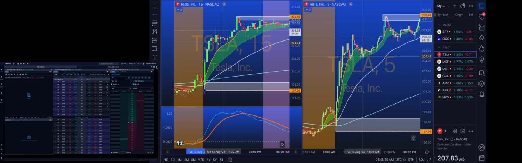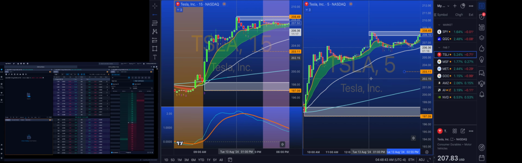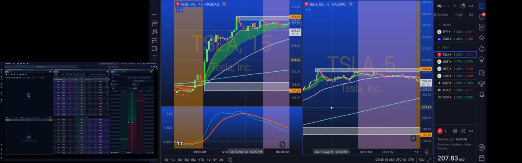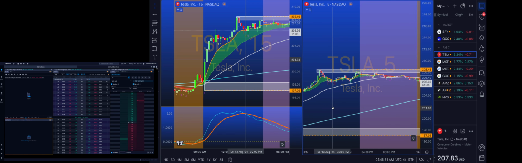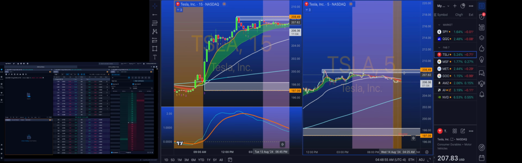That's on Tesla. And barring on my 5-minute, my setup is setting up for shorts if that's the case. But right now to go long, I'm looking for 208.49. I will be doing pre-market areas too.